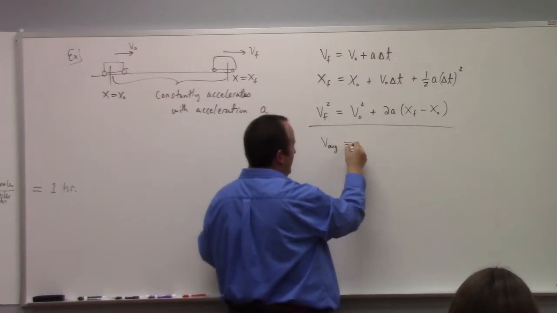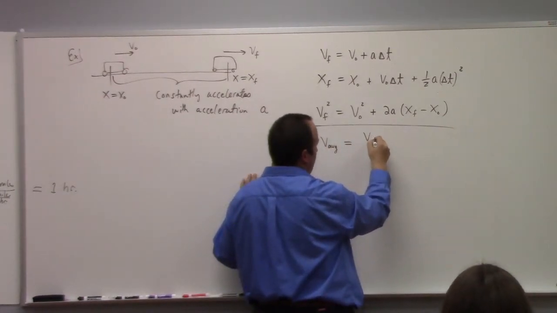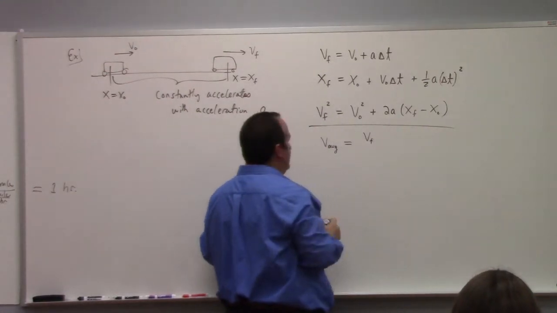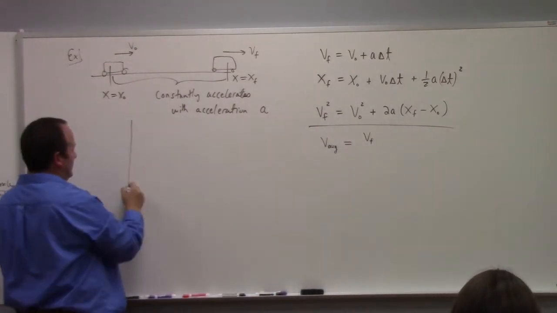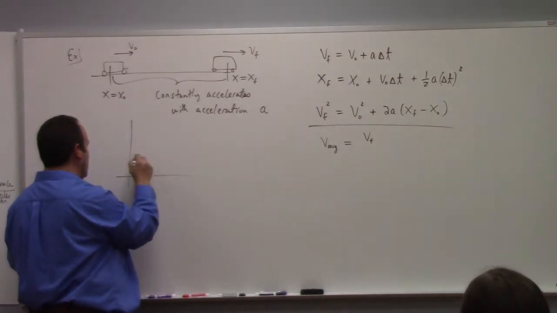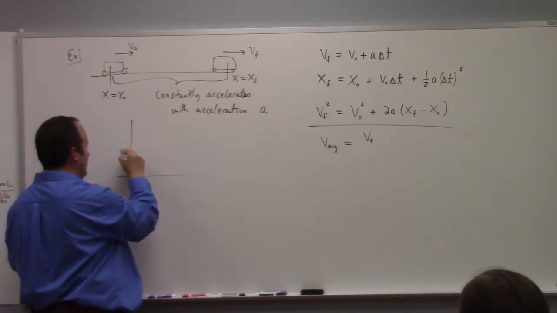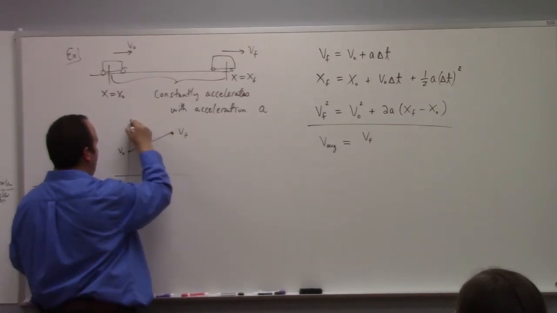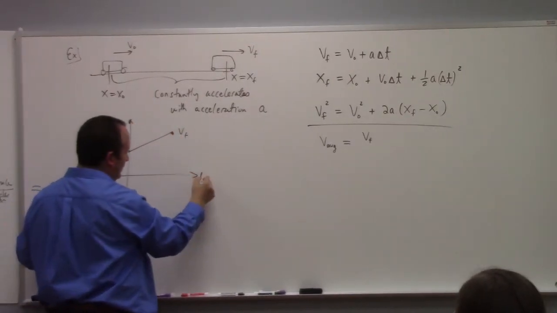There's different ways of looking at the average velocity. One way would be, if you were to draw the velocity time graph, what's it look like? We start out with velocity v naught. We go to velocity vf. What's the slope of this line, if this is a vt graph?